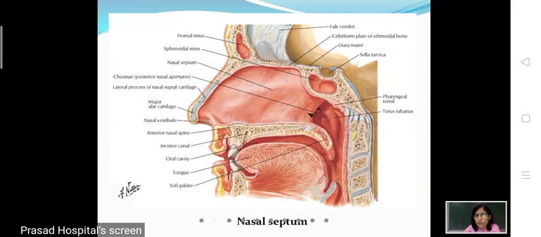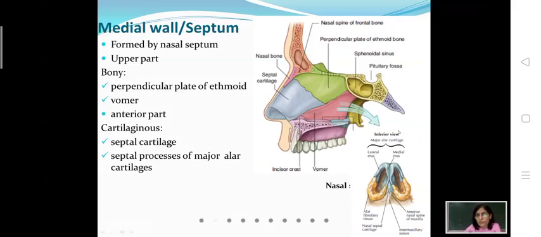Now these are the bones and cartilages. This arrow is showing the nasal cavity, one here and one there: right nasal cavity and left nasal cavity. We have removed the lateral wall of the nose here so that we could see the formation of the nasal septum. Other than ethmoid, vomer, septal cartilage and the medial crura of the major alar cartilage, the other bones are the nasal spine of frontal bone, nasal crest of nasal bone, sphenoidal crest, and nasal crest of palatine and maxilla.